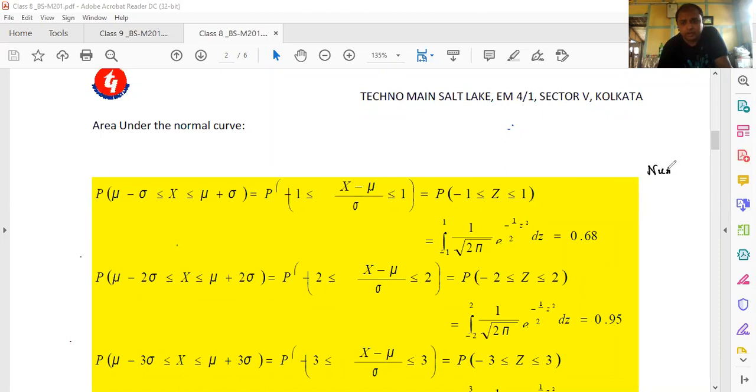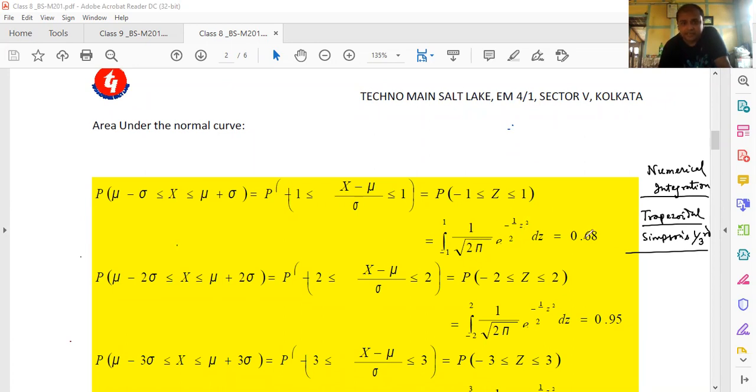So we go for numerical integration. There are various methods, and we help students to solve them in the practical class. Some of the methods are the trapezoidal rule and Simpson's 1/3 rule. By these numerical integration methods, we can integrate this type of complicated function.